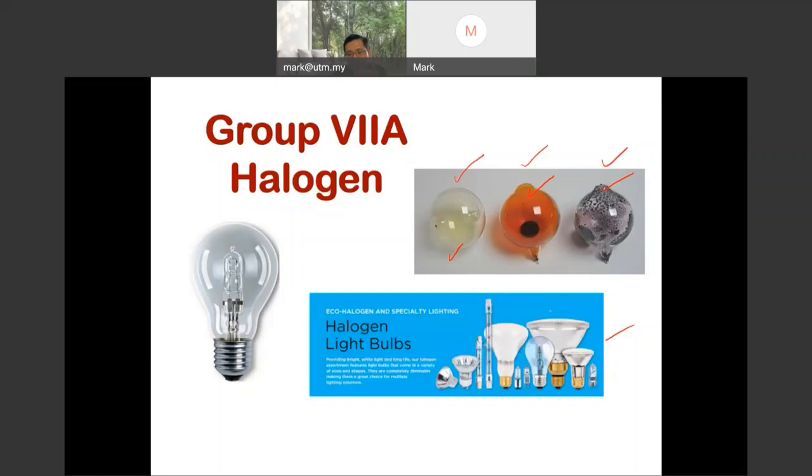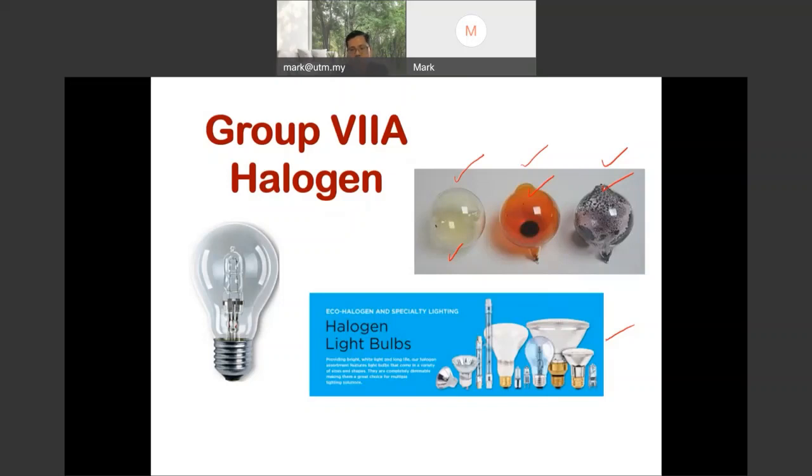These halogens can bind with this vaporized tungsten, and when it cools down, the tungsten can redeposit back onto its filament, rather than having a coating on the inner layer of the incandescent light bulb.